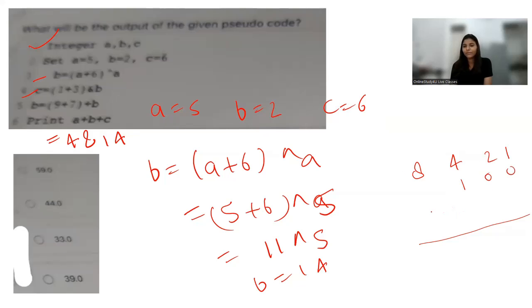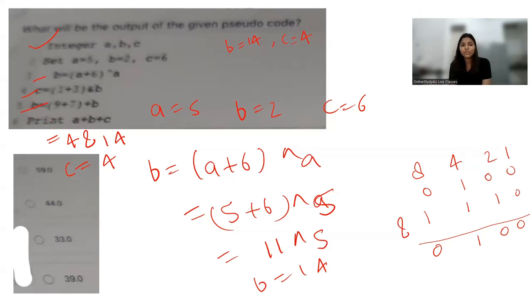And for making 14, we will have 8 plus 4, 12, plus 2 is 14. And 1 only will be 1 because we are taking AND, and 0, 1 will be 0, right? So this will be 4. So the answer will be 4 and this 4 is assigned to C. So we have B value 14 and C value 4. These are the updated values, right?